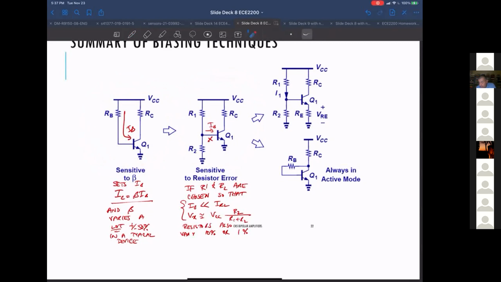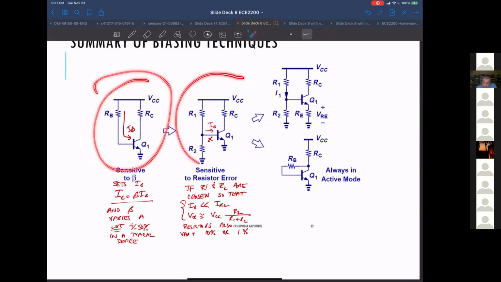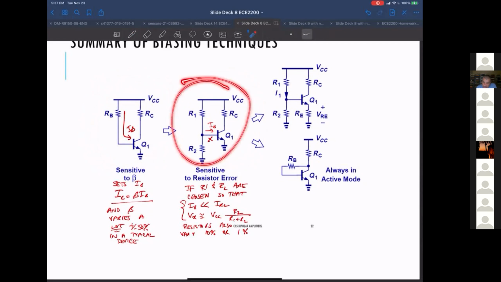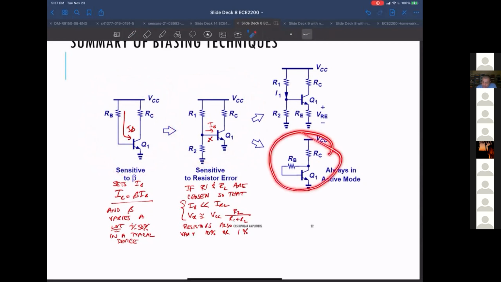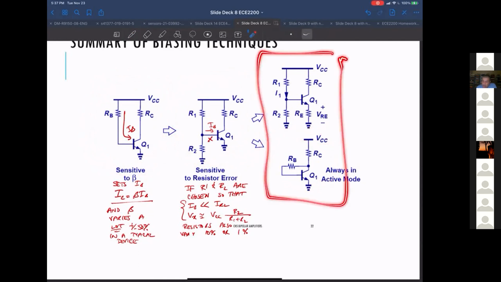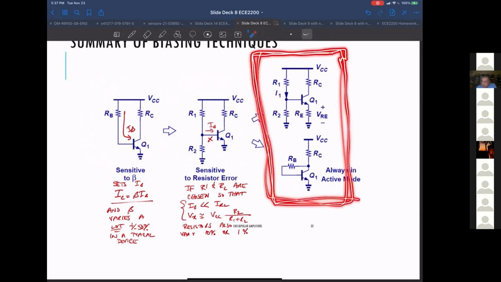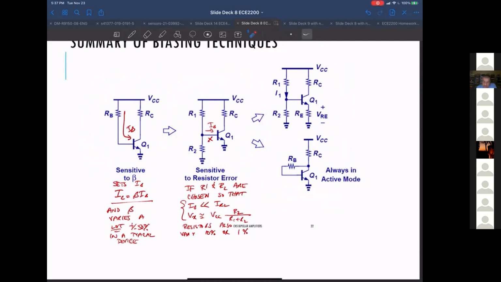Another problem that these two biasing techniques have, or sorry, I should say this one has, well, actually, I think both of them have it. So today we're going to talk about these two biasing approaches, which end up being what I would call production worthy for various reasons.